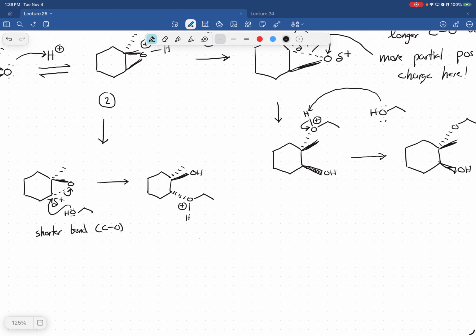Ethanol could take this hydrogen, and you would get an expected product here.